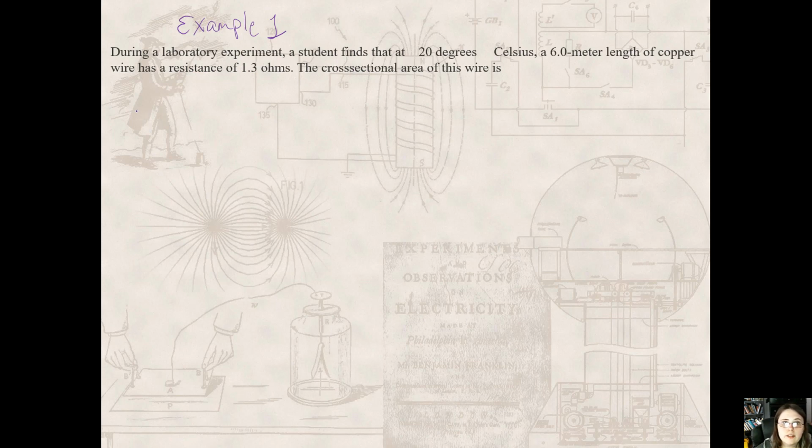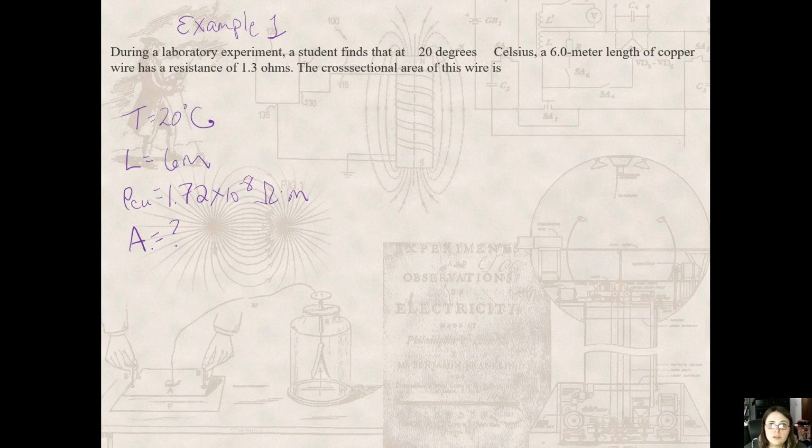We know that the temperature is 20 degrees C, the length is 6 meters, and the resistivity of copper is 1.72 times 10 to the minus 8th ohm times meter. The cross-sectional area is what we're looking for.